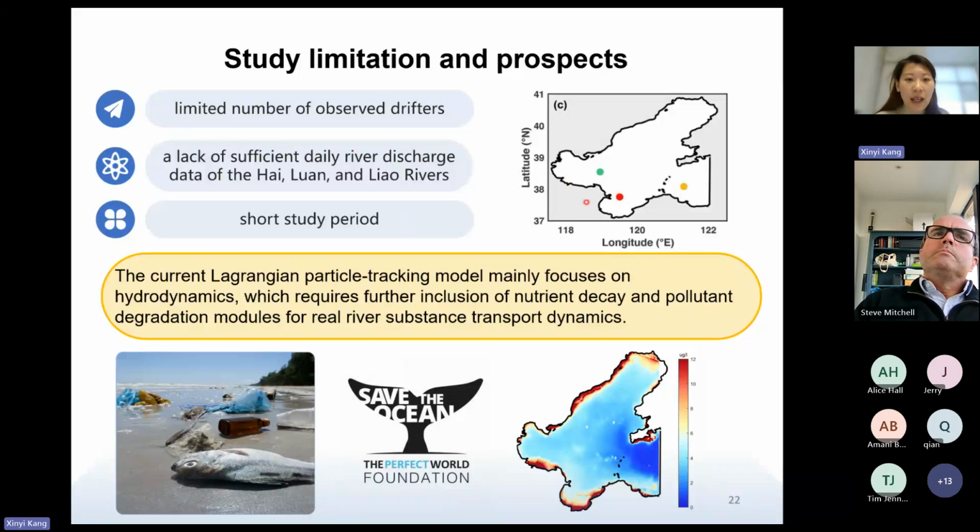dynamics in the study. And moreover, for this current Lagrangian particle tracking model, we mainly focus only on the hydrodynamics. If we want to trace a real substance, a real matter, we have to consider its specific biological or chemical properties, such as whether they will decay or undergo some reactions in the marine environment.